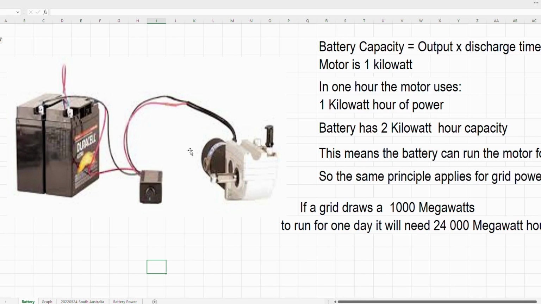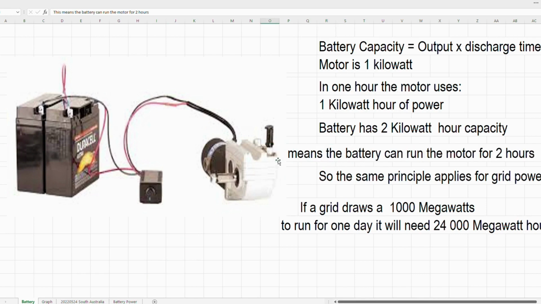Pretty simple. So if the battery was a 2 kilowatt hour capacity battery, it means that the battery could run this motor for 2 hours.